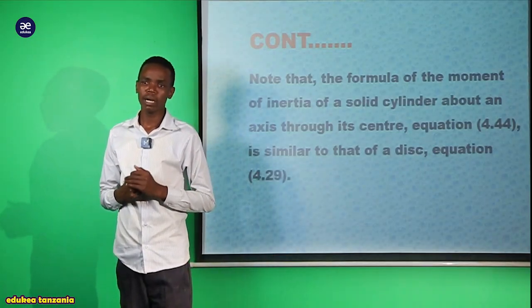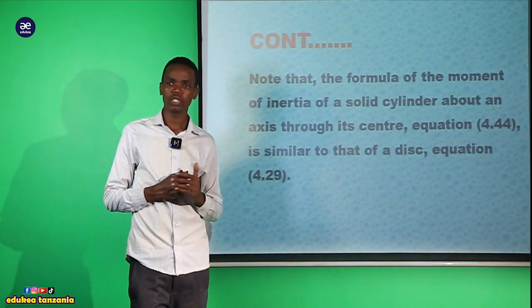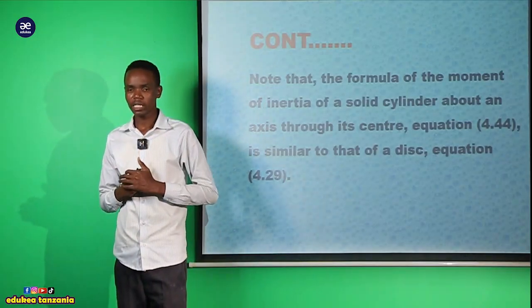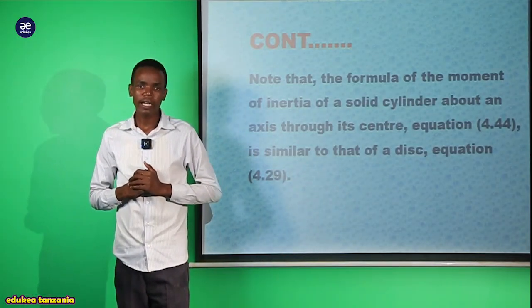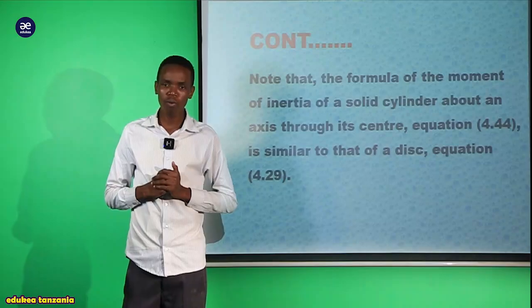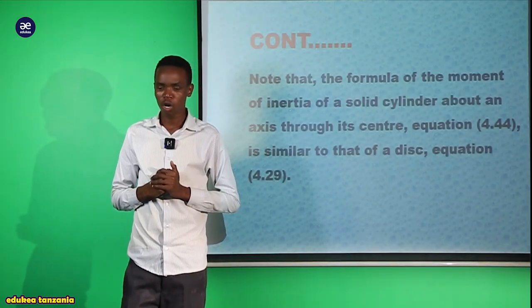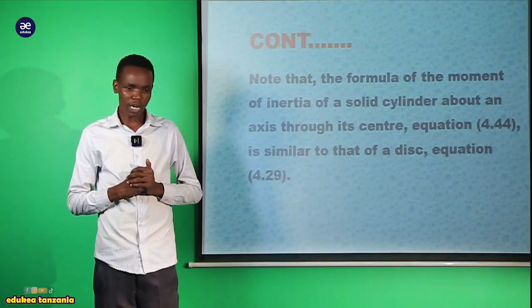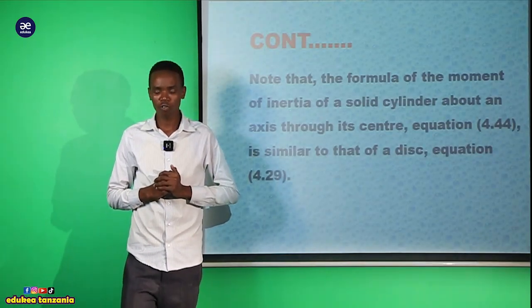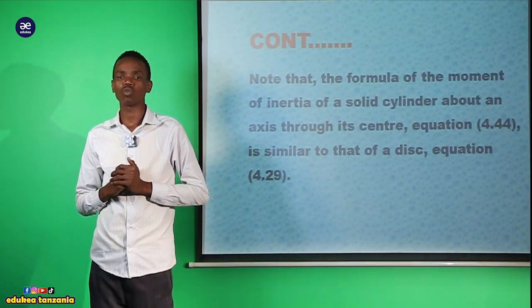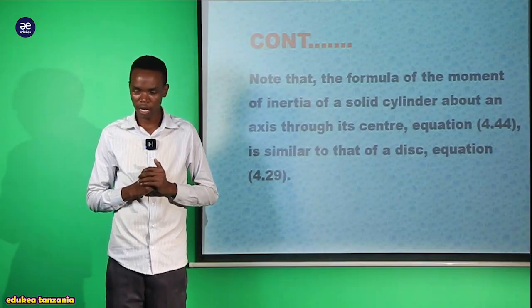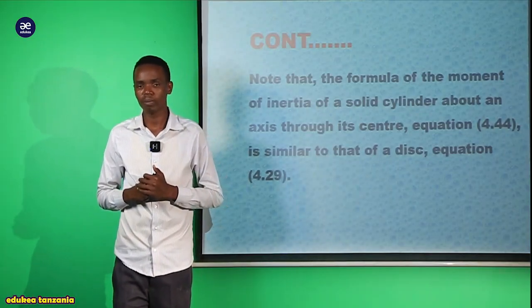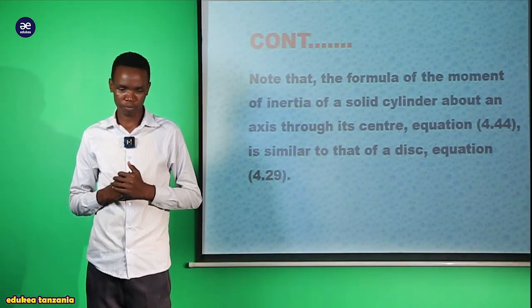So by saying that, my dear student, there are some tasks you should be asked. One of the tasks is: can you derive the formula to obtain the moment of inertia for a solid sphere, or prove that the moment of inertia of a solid sphere is equal to half M r square. That is the task that you should be asked, my dear students.